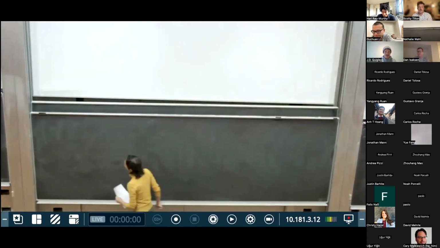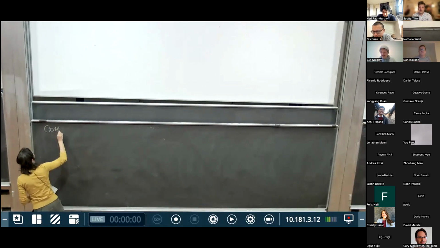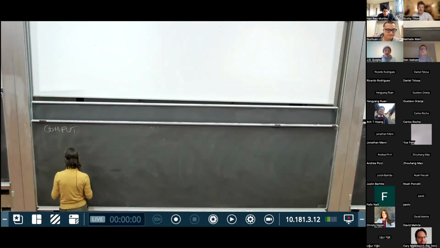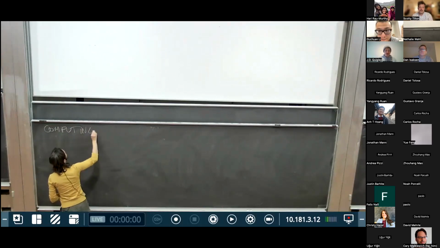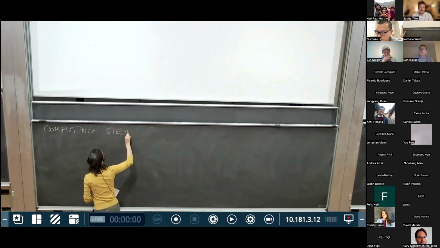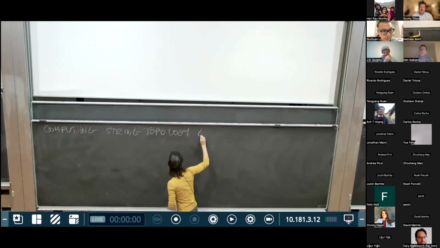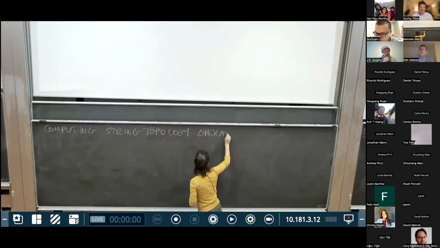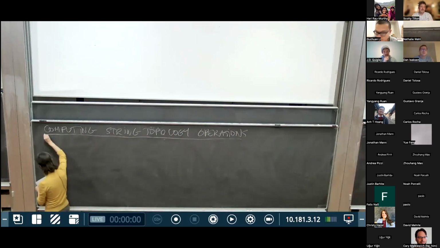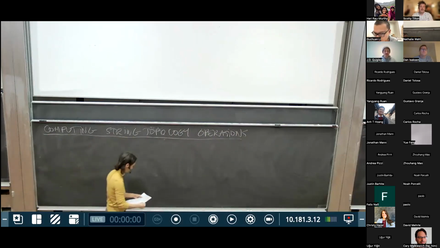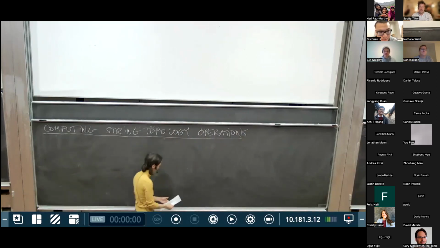So I want to talk about computing string topology operations. I'll try to do actual implementations, in sort of a geometric definition of string topology.